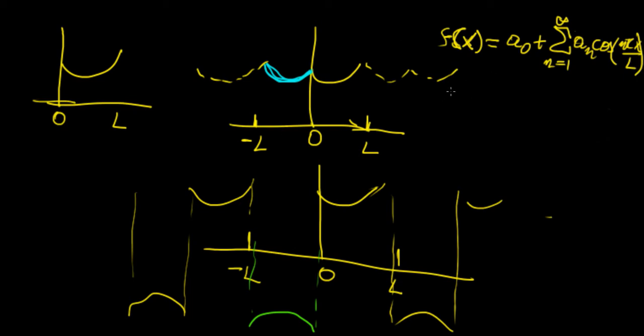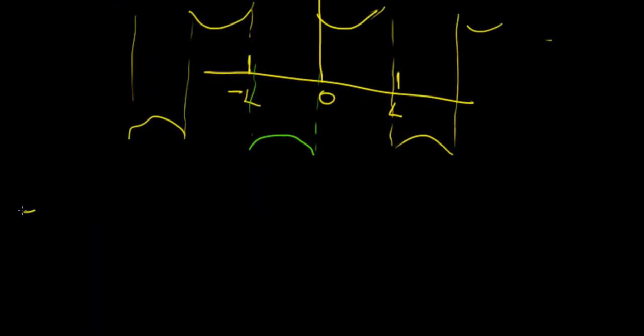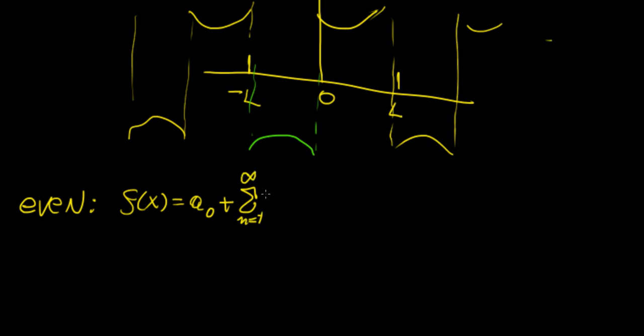And then we're going to define, so I'm just going to do this down here. If we perform an even half range expansion, then we're going to get the sum to infinity of an cosine of n pi x over L, and then we're going to have our Fourier coefficients defined within that half range, because remember the function is only defined within that half range.